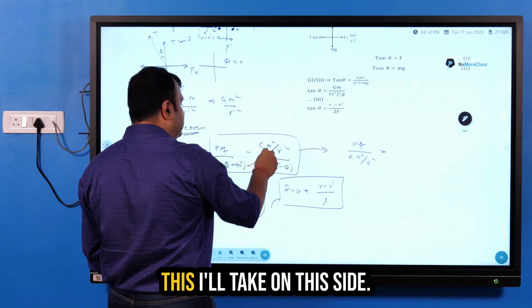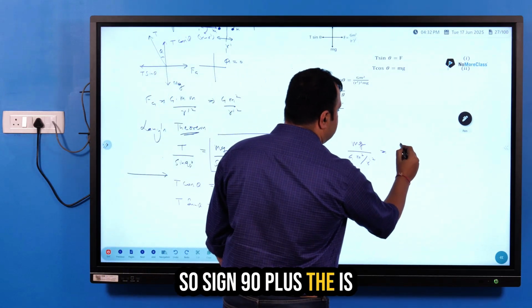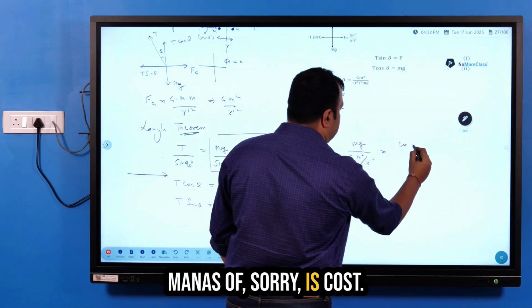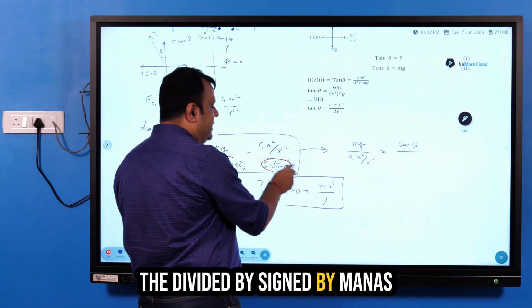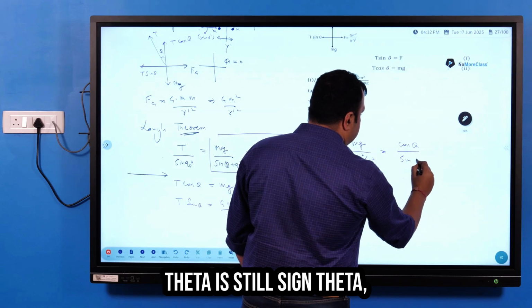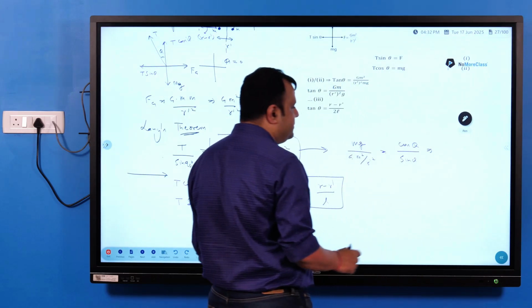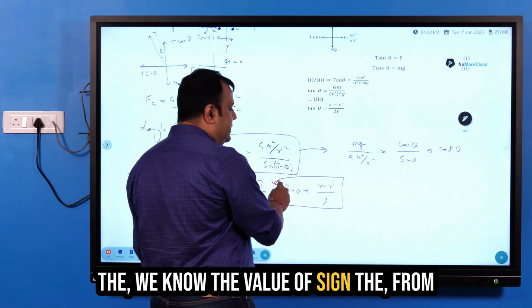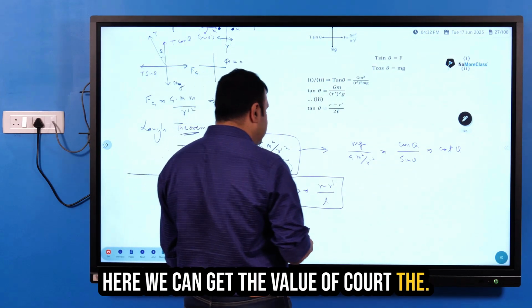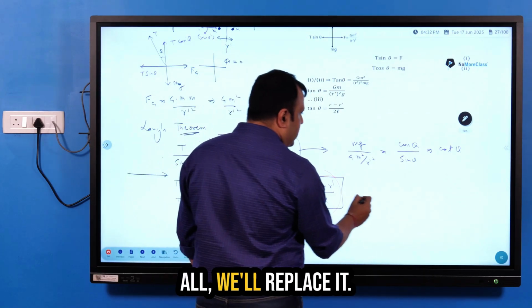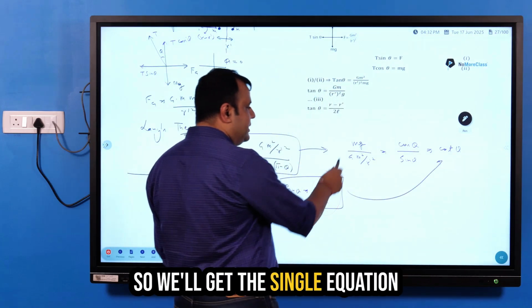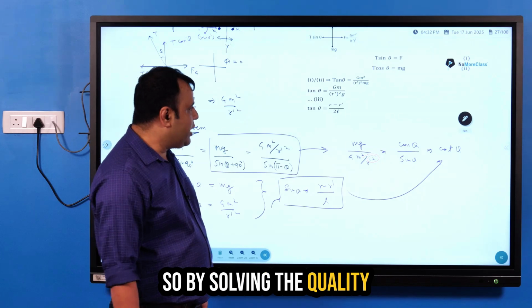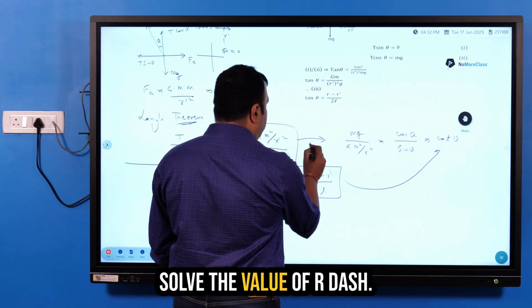If I take this here, sine of 90 plus theta is cos theta, divided by sine of pi minus theta, which is still sine theta, which is cot theta. We know the value of sine theta. From here, we can get the value of cot theta in terms of r dash and all. We'll replace it and get a single equation in terms of r dash, and this will be a quadratic equation. By solving the quadratic equation, we will be able to find the value of r dash.